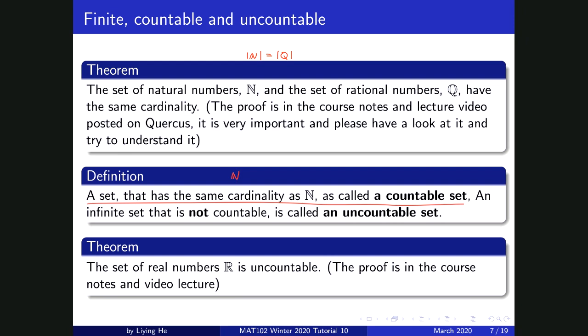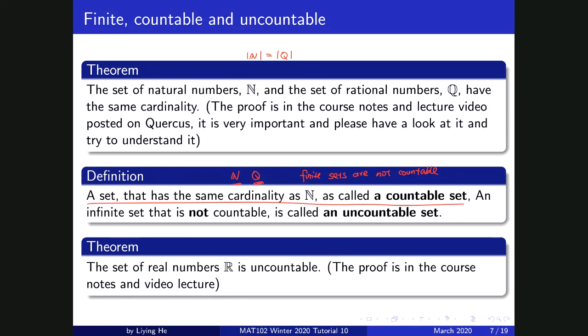Also, rational numbers are countable as well. So you know those 2 countable sets. Also, you should know that finite sets are not countable because they do not have the same cardinality as natural numbers.